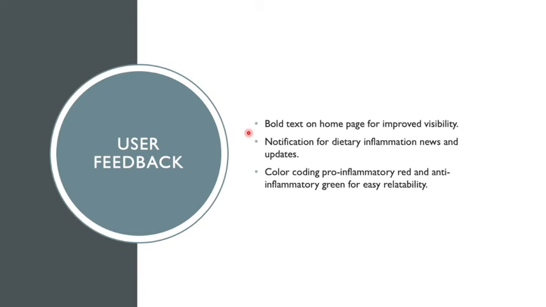Some of the feedback that has been incorporated in the current prototype is the request for a bold text on homepage for improved visibility, notifications for dietary inflammation news and updates, and possibly a channel where they can read blogs about dietary inflammation.